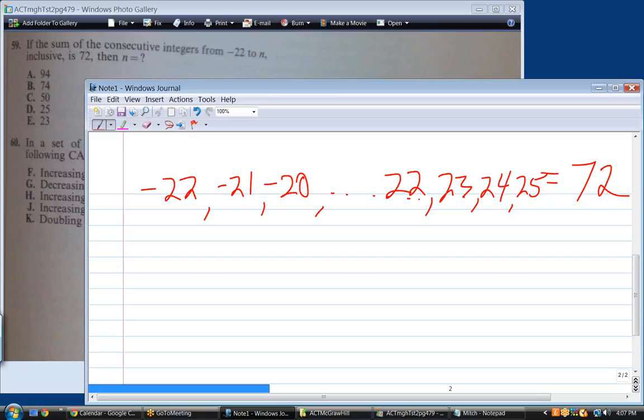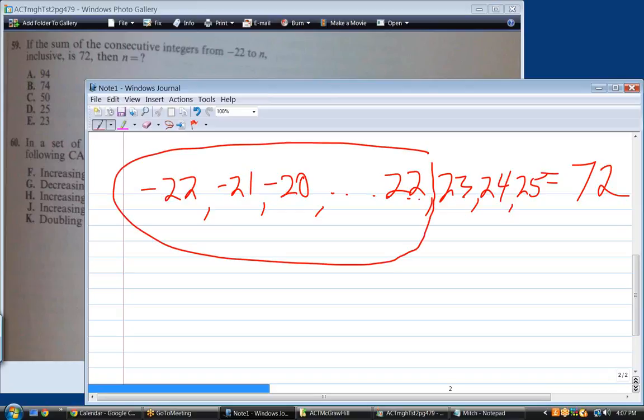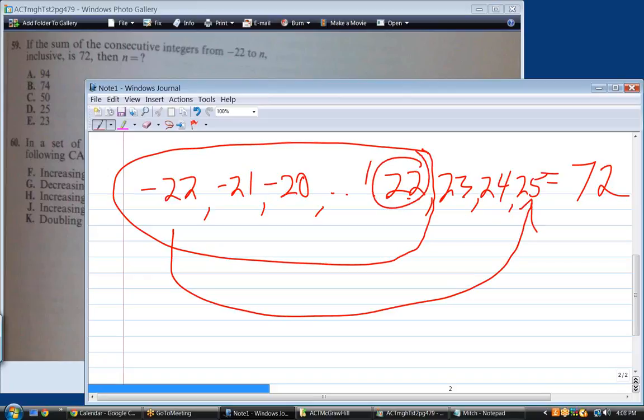23, 24, and 25 add up to 72, and we know that these all total 0. That's the key to this problem, is knowing that when you go from minus x to plus x and add them all up and they're consecutive, you're going to get 0. So in order for the sum to be 72, from there to there, it has to go to the third number after 22.